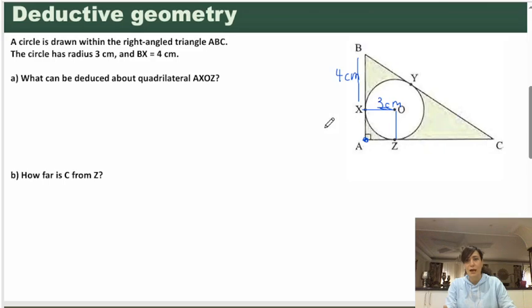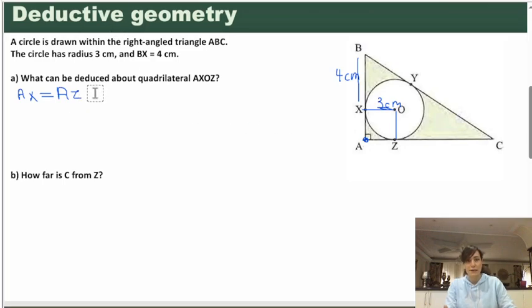A. So I say AX equals AZ. For any geometry, I have to always write my reason. Why?